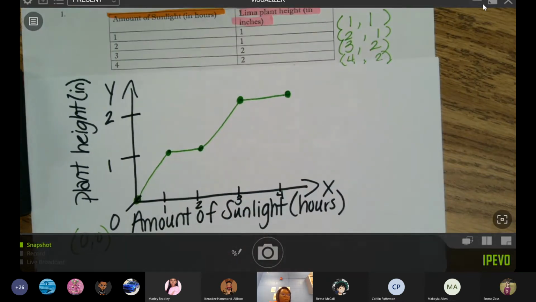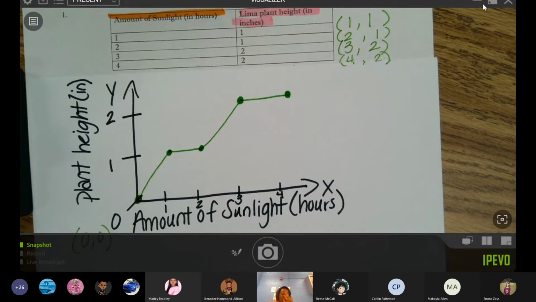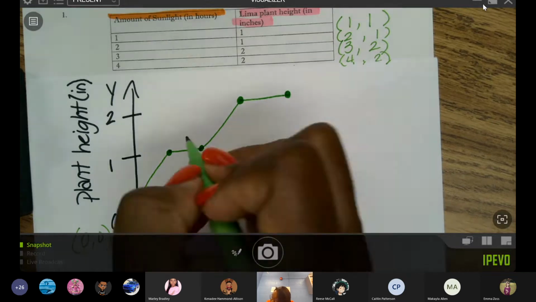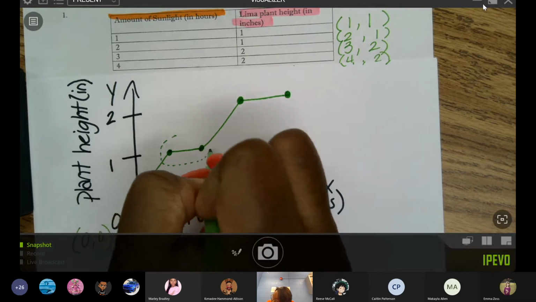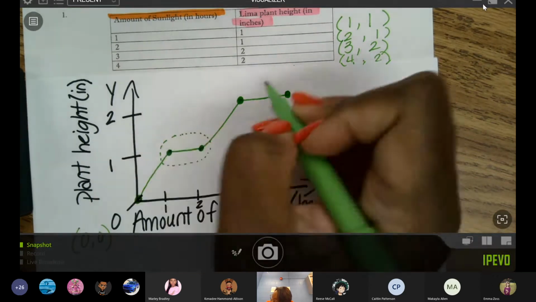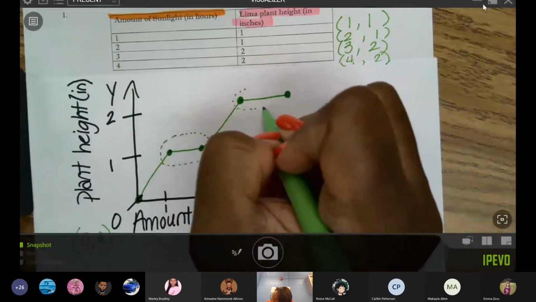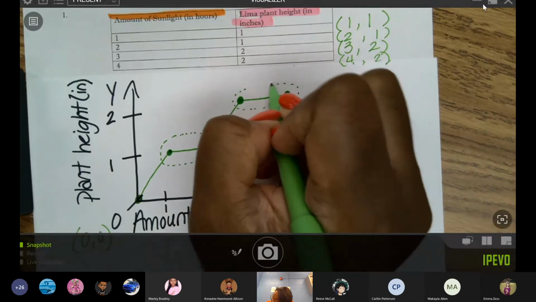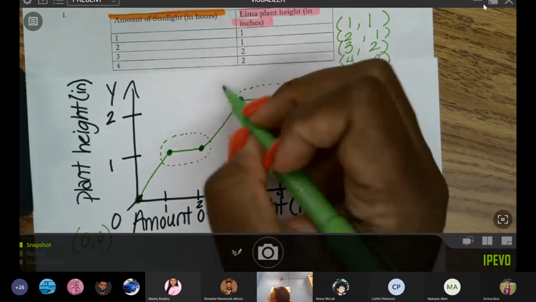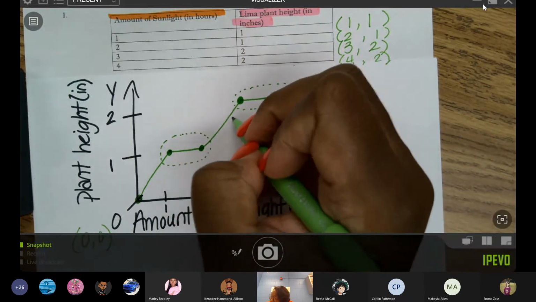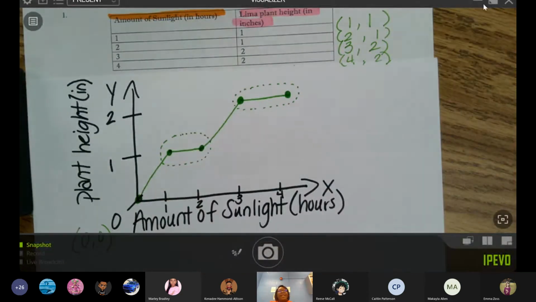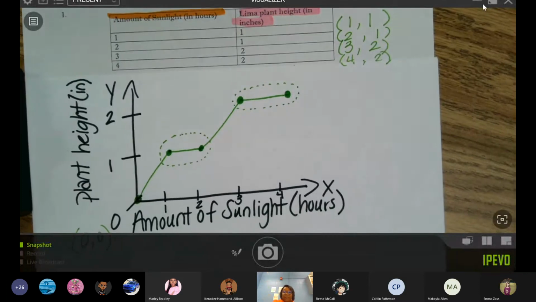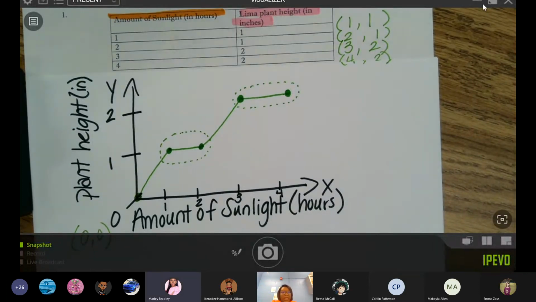What we see here is some straight parts of the line, but we see some parts where the line goes straight up. When a line goes up, does that usually mean increase or decrease? Increase.